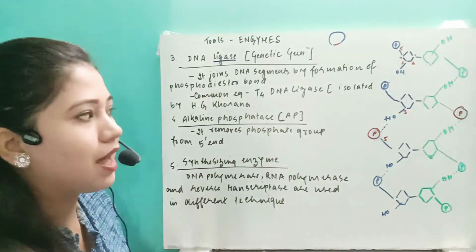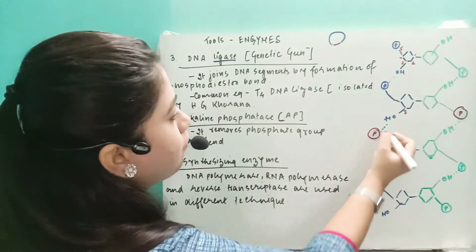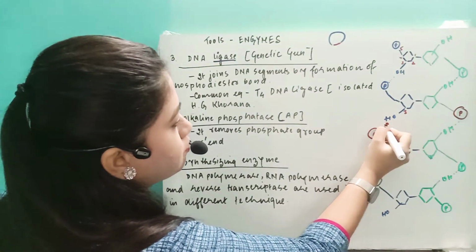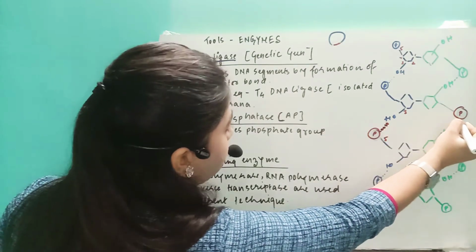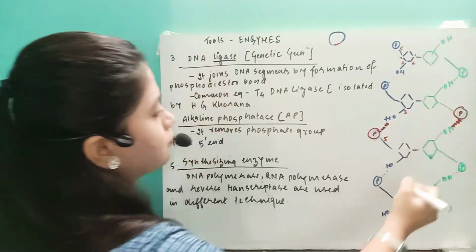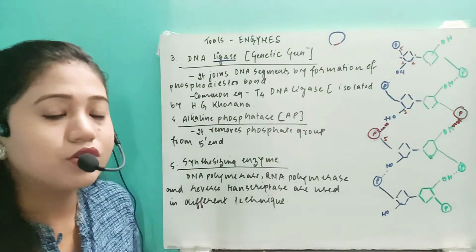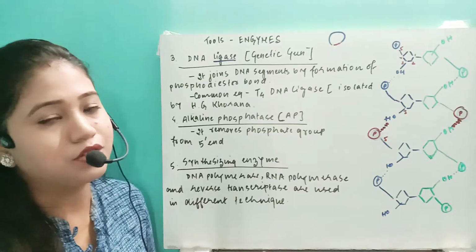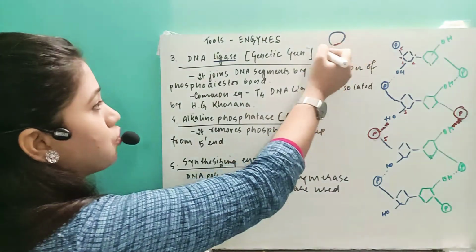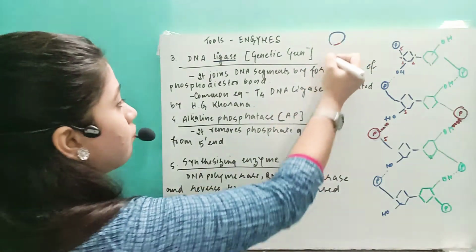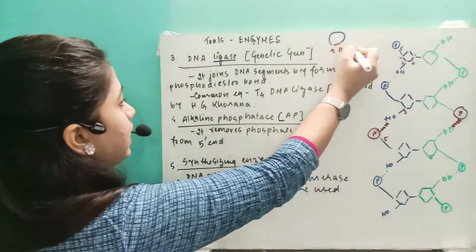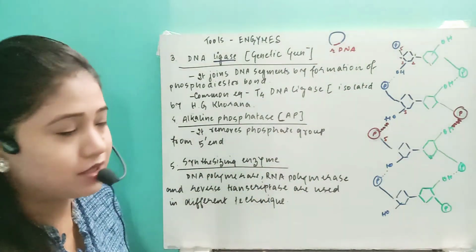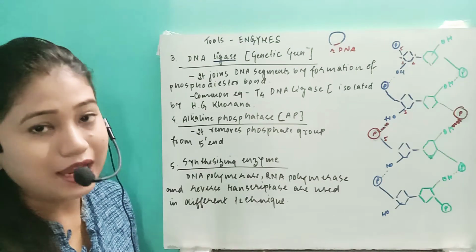So that's why a bond, the phosphodiester bond, is formed. After addition of the phosphate, the phosphodiester bond can be formed, and after that the two DNA segments can be joined to each other to form one rDNA, recombinant DNA. So this is the DNA ligase enzyme.